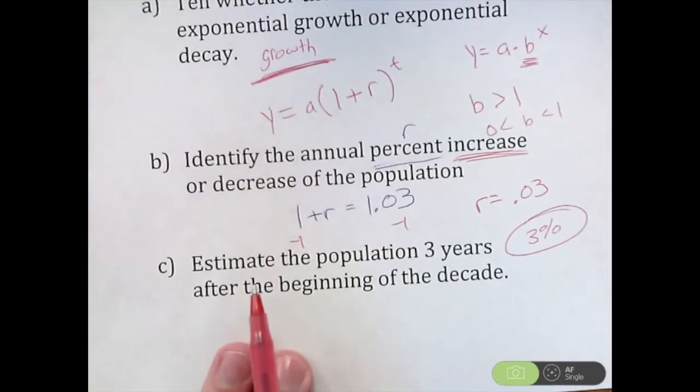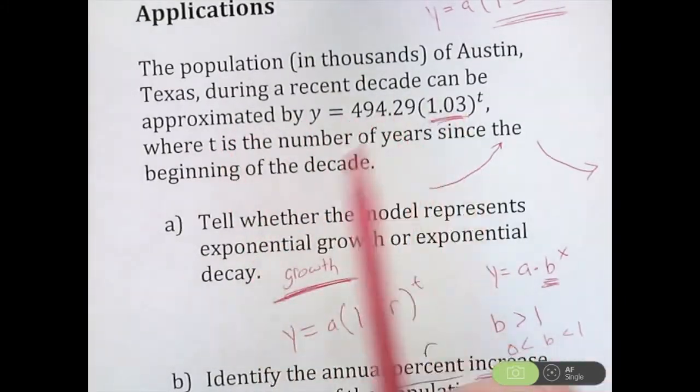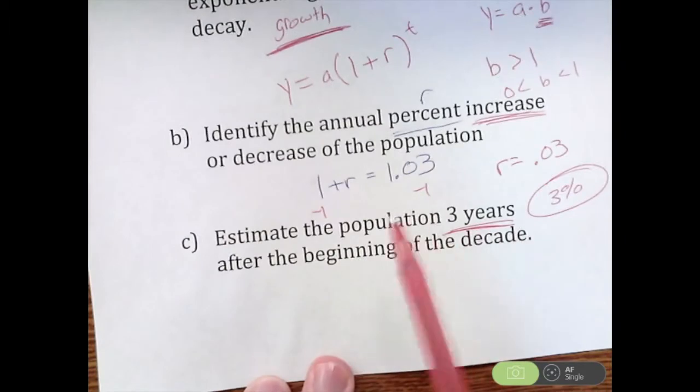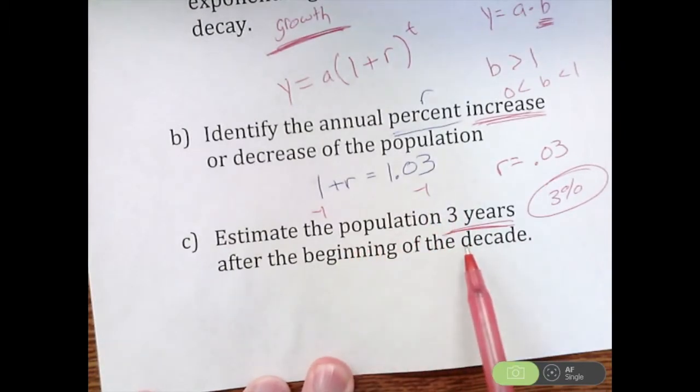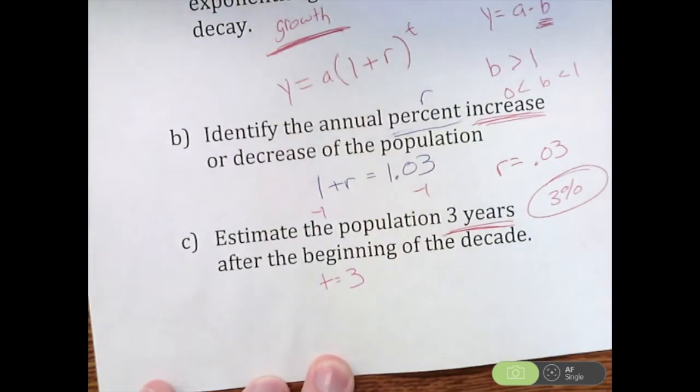Part C here says, estimate the population 3 years after the beginning of the decade. So what I'm given here is a time. Looking at the equation, t is the number of years since the beginning of the decade. They want to know the population 3 years after the beginning of that decade, so they're telling us t is 3.